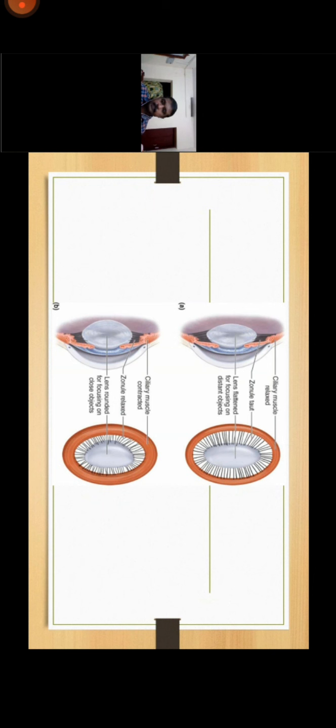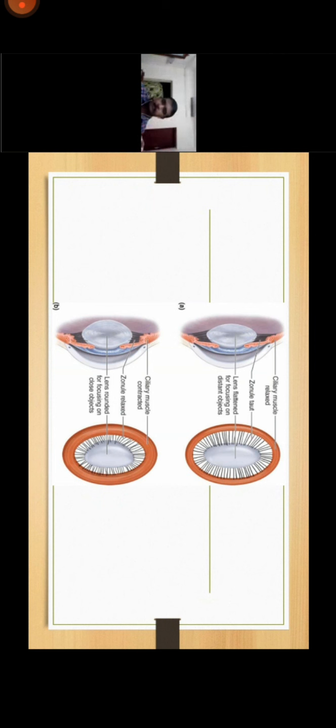One thing we should keep in mind is what happens when the ciliary muscles constrict. The round shape becomes small. At that time the suspensory ligaments become very loose and the lens becomes round in shape.